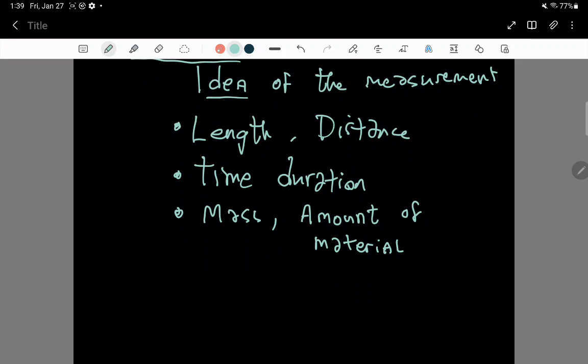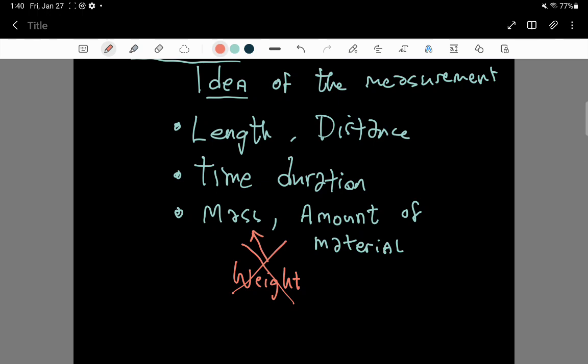Notice that the word weight is not the same thing. Actually, weight is not an example of mass. Weight and mass are different issues.